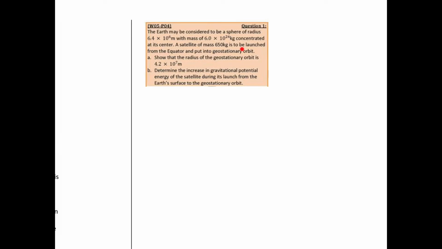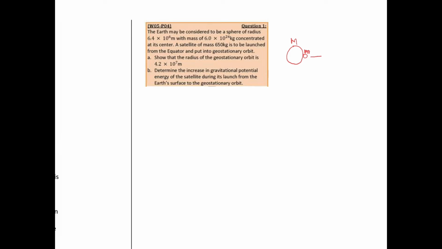geostationary orbit. Of course we haven't learned geostationary orbit. We just put it in this way first. That means this is the Earth. So you have a satellite here, satellite small m.